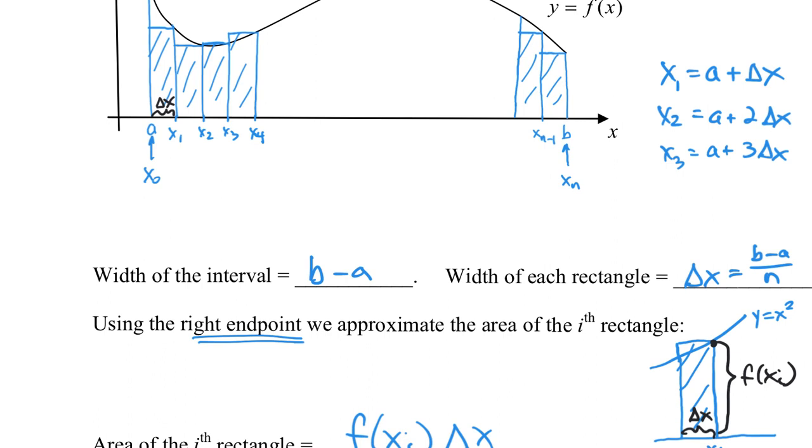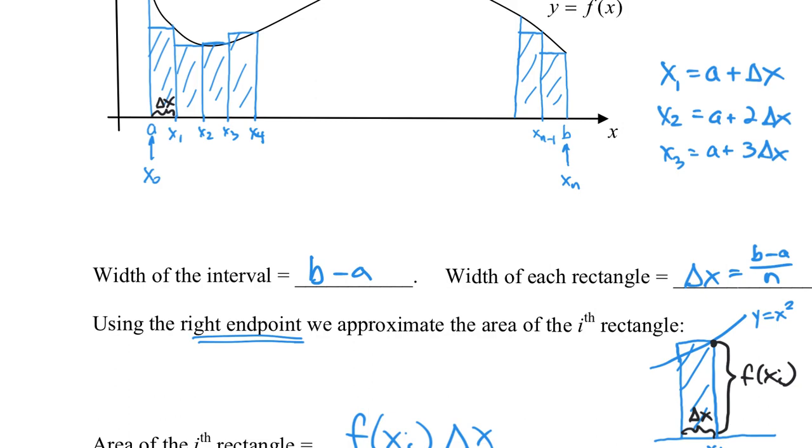Then with the right endpoint, we'll go all the way to x sub n. When you do the left-hand point, everything gets shifted over 1. So we would start at x sub 0 and go to x sub n minus 1, because for the left-hand point, we're going to use this to find the height of this rectangle, so the left-hand point would be up here.